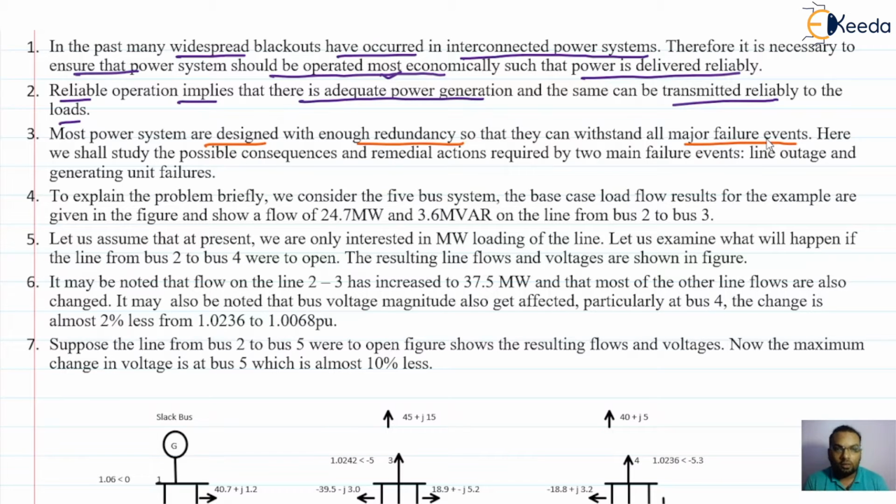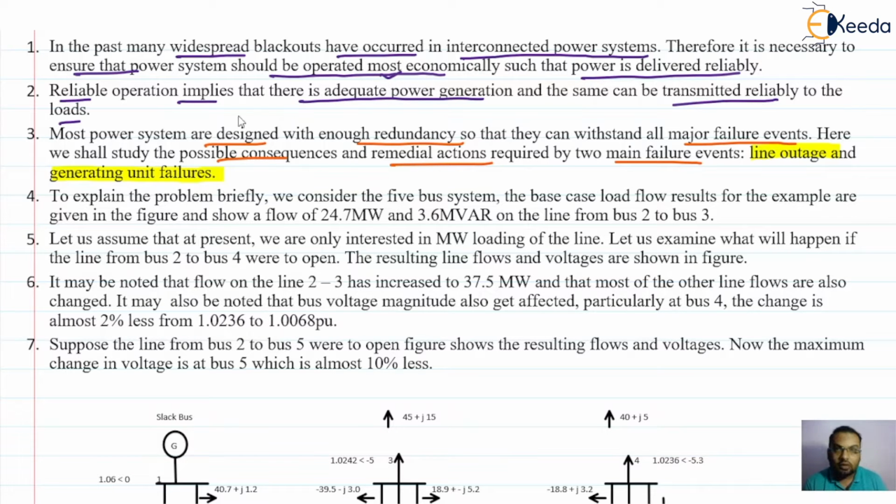Here we shall study the possible consequences and remedial actions required for the two main failure events. We are considering only two types of contingencies: one is the line outage, and the other is the generator unit failure. Let us discuss how contingency analysis is done for these two.